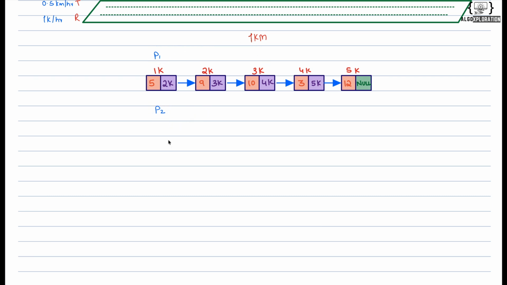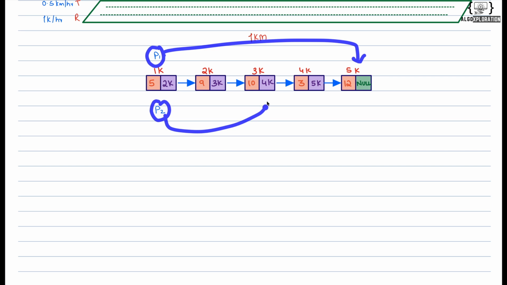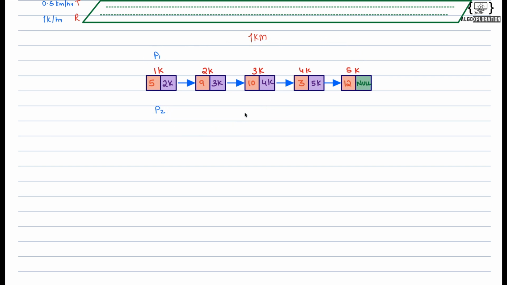So when p1 is at the last node, obviously p2 will be at the middle, right?